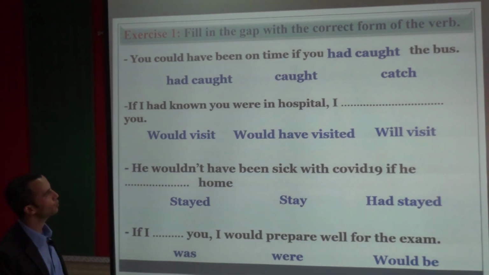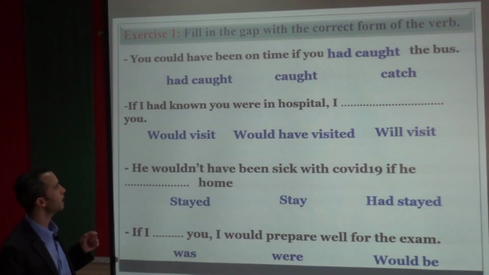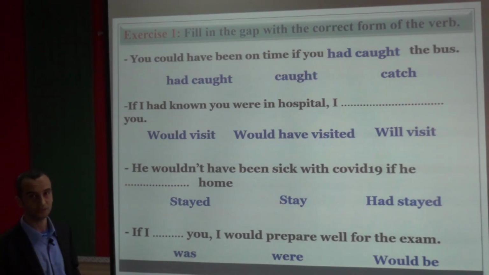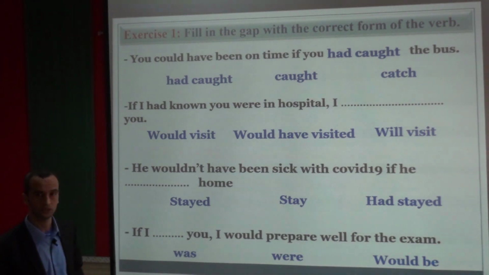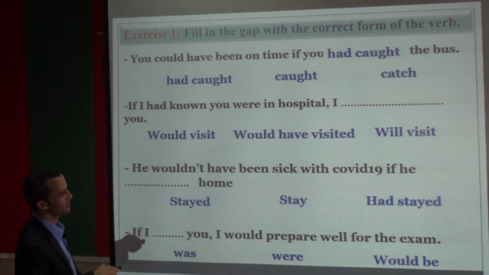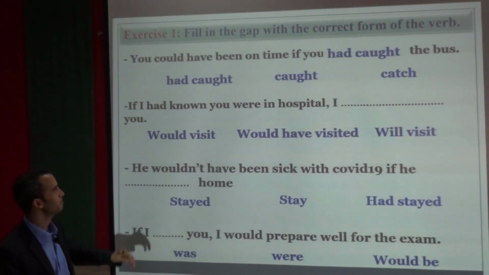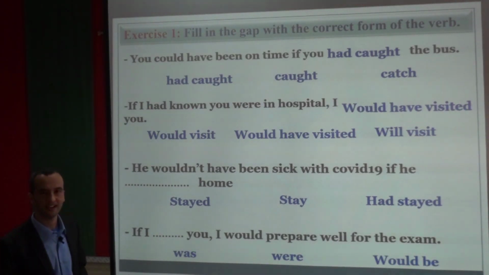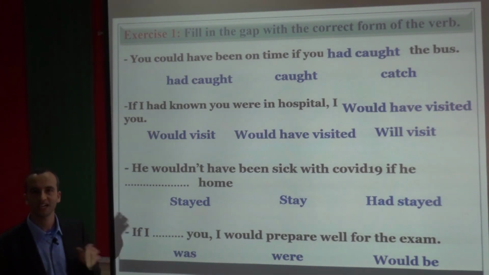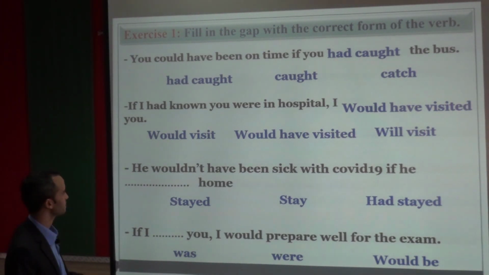If I had known you were in hospital, you. Is it I would visit you, I would have visited you, or I will visit you? Very good. It is would have visited. Why? Because we have the past perfect in the main clause. So the form is would have plus past participle.